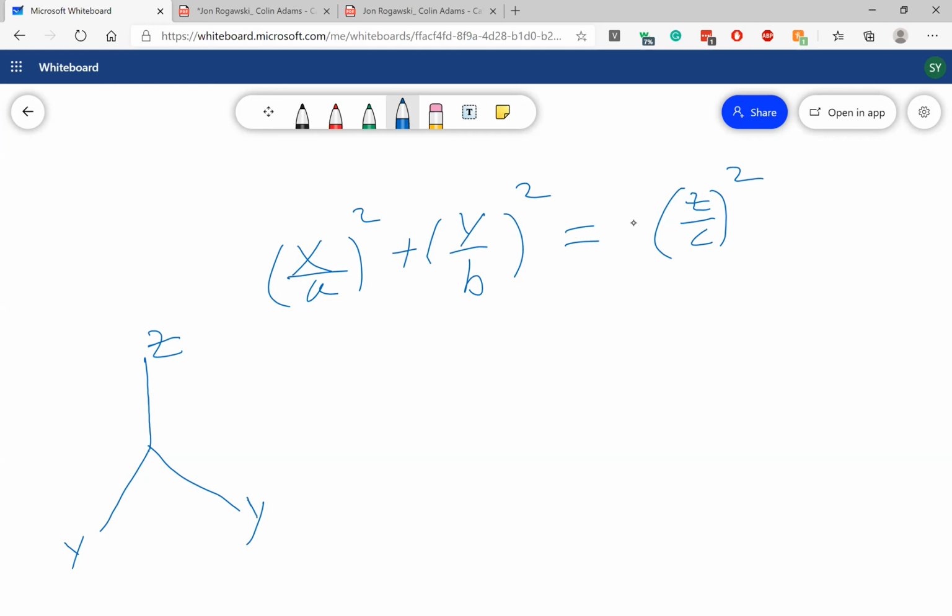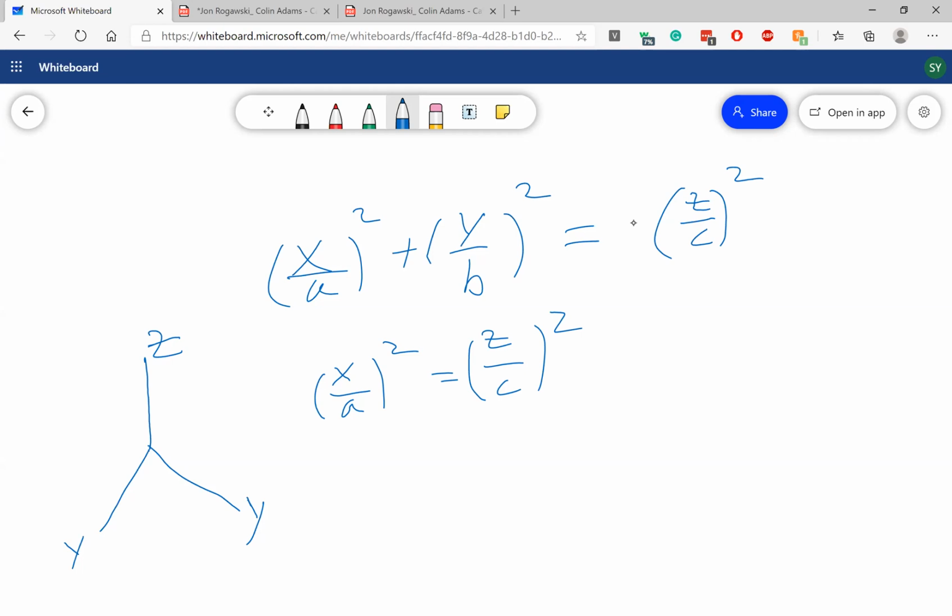Let's set y equal to 0. Then that would give us (x over a) squared is equal to (z over c) squared. And there isn't a plus or minus 1 over here that came up with a hyperboloid. So we can take the square root of both sides.